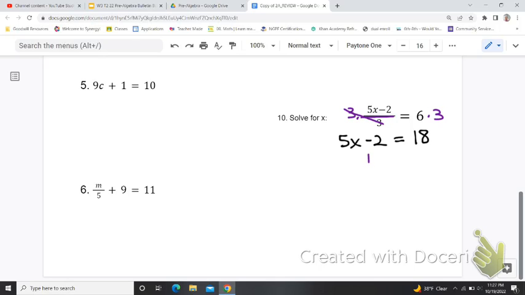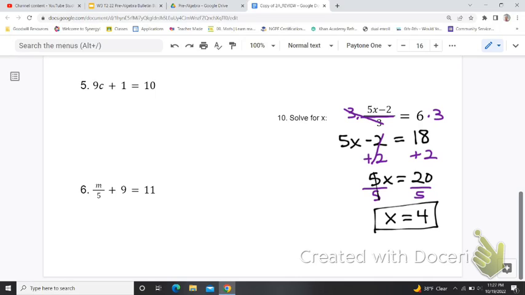And then we're to that familiar 2-step equation. To get rid of subtraction, we're going to add. 18 plus 2 is 20. We're going to divide by 5. And x is equal to 4.